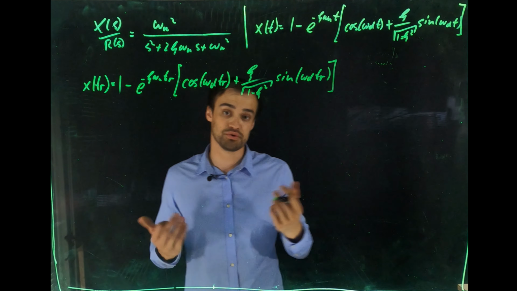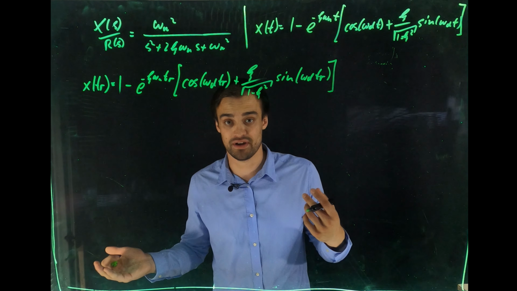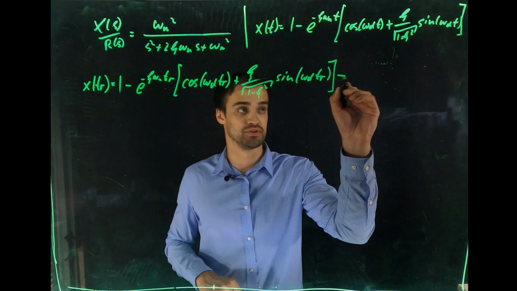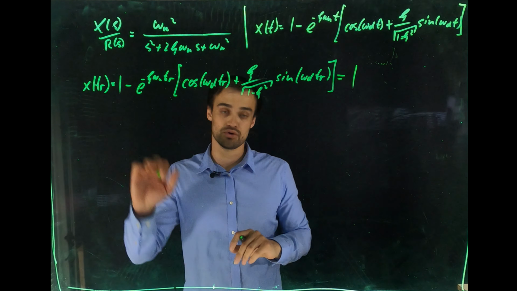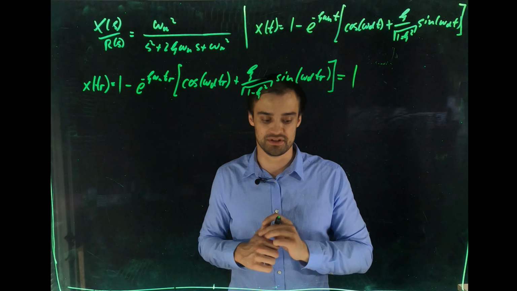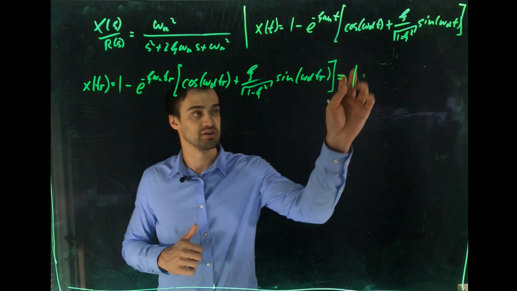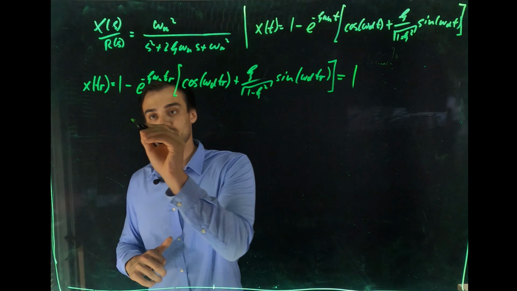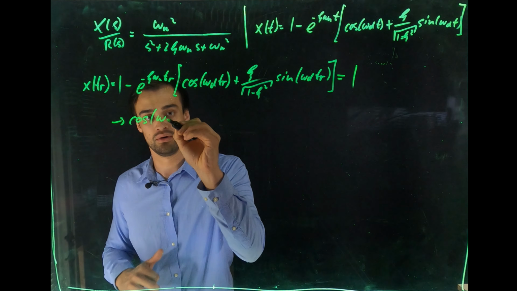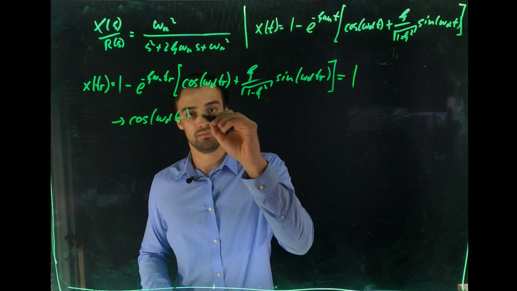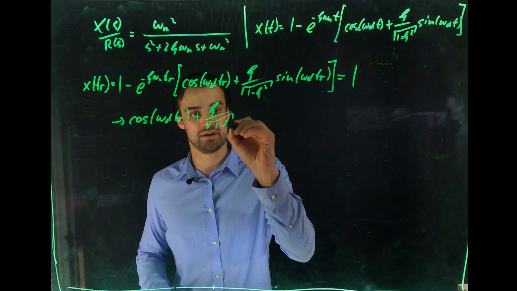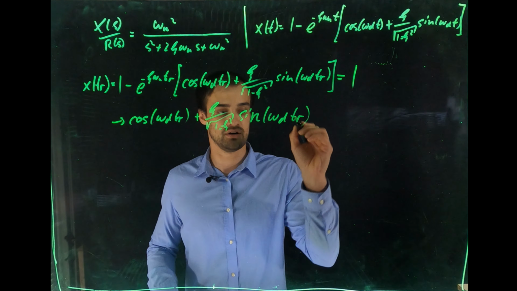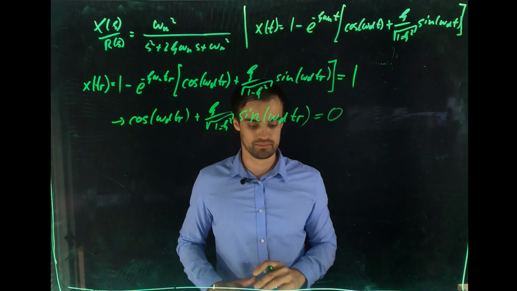Now we want to set this equal to 100% because that is what the rise time is defined to be, considering we start at 0 for the system response. So I'm setting this to 1, which equals 100%. Now we can see the simplification: this one and this one cancel each other out, so you're ending up with cosine omega d tr plus zeta over square root 1 minus zeta squared sine omega d tr equal to 0.